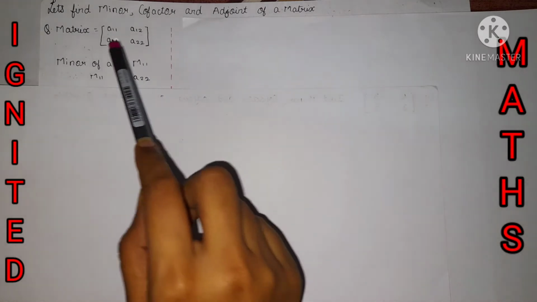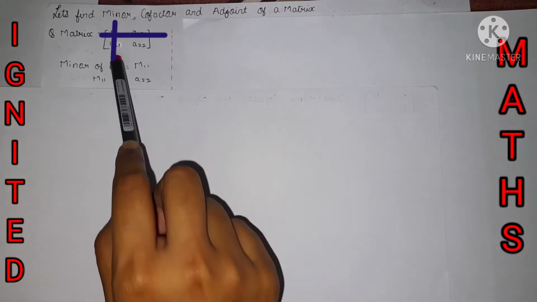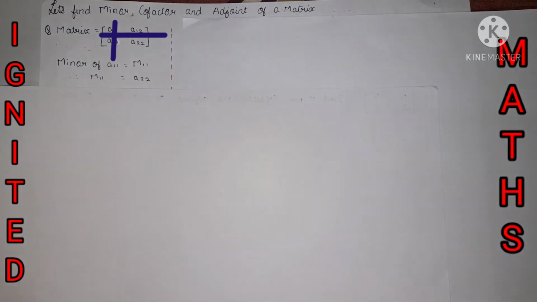We need to hide the first row and the first column, because for the minor of the first row and first column we need to delete those elements. In short, we hide the elements of the first row and first column of the matrix, and we get the value of M11, that is A22.